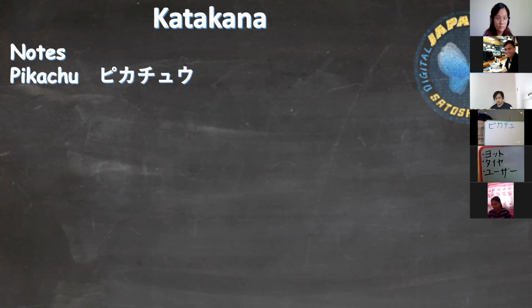But in Japanese, they have extended it, so it becomes Pikachu because we are going to put a line on top here. You put a line here on top, so that produces now Pikachu.